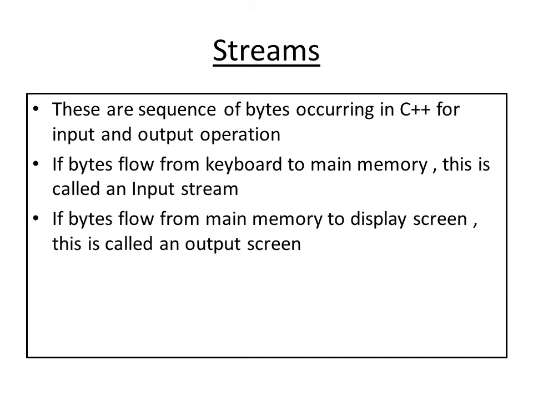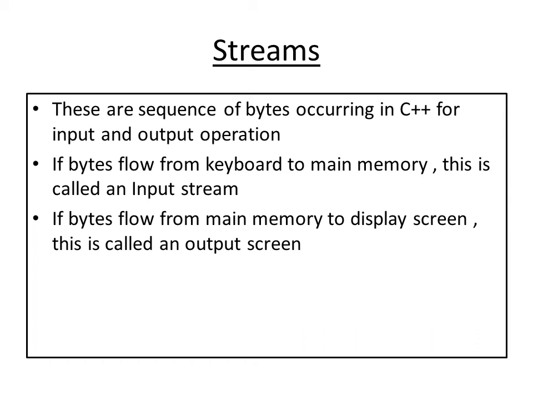Now we look into streams. Streams are sequences of bytes occurring in C++ for input and output operations. There are two types of streams, input and output. If the byte flow is from the keyboard to main memory, this is called an input stream. They are inputting a value from the keyboard.